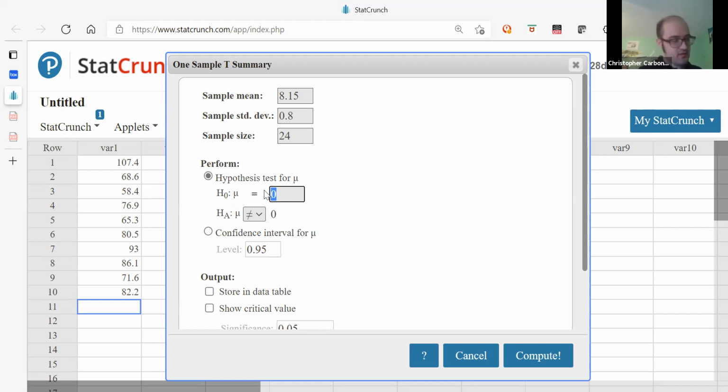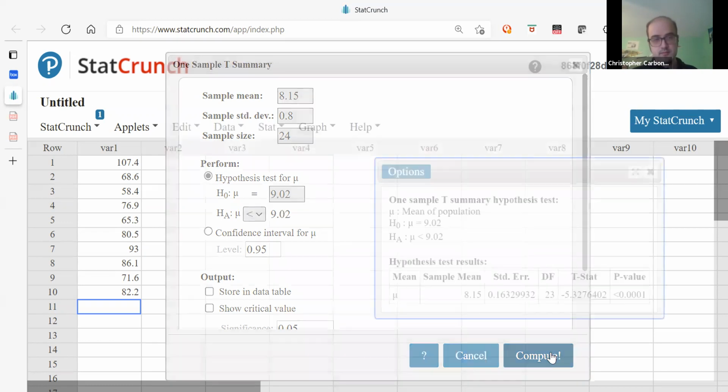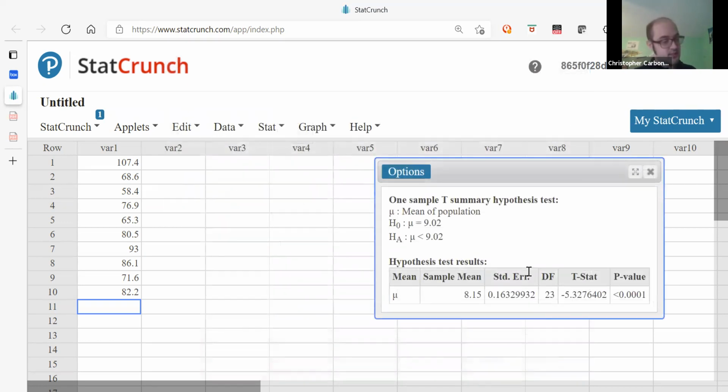And we are doing this test with the value of 9.02, and the alternative is a less than symbol. Doing so provides us this test statistic of negative 5.328 in our case, and the p-value is less than 0.001.